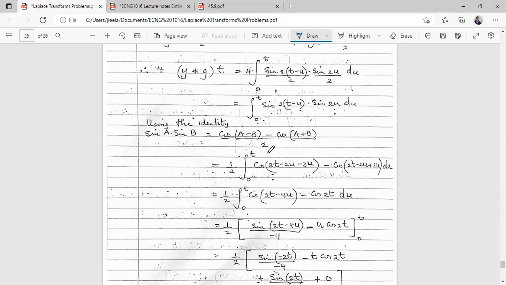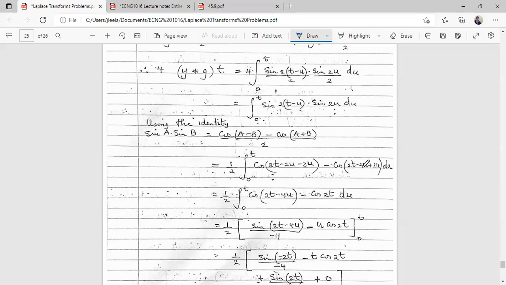So the 1 over 2, you pull it on the outside. Of course, here A will be 2t minus 2u, and your minus 2u, that is your B. And then A plus B would be 2t minus 2u plus 2u.